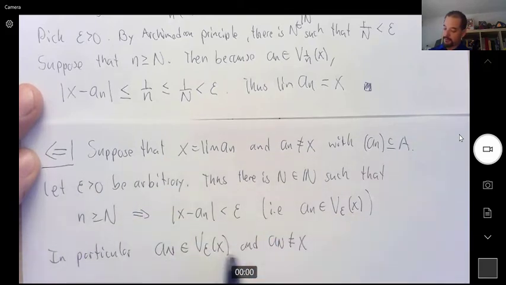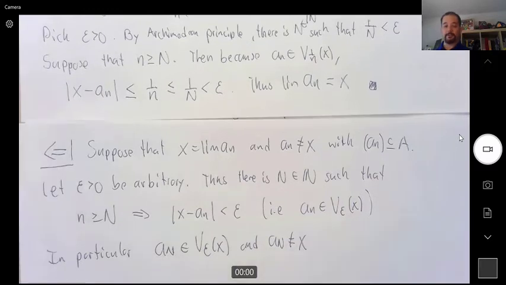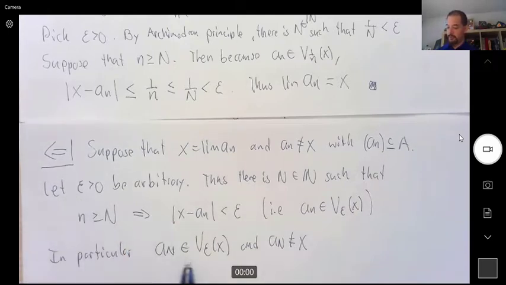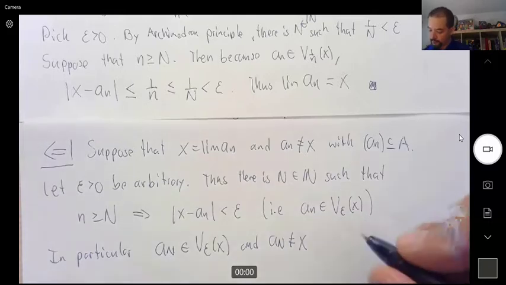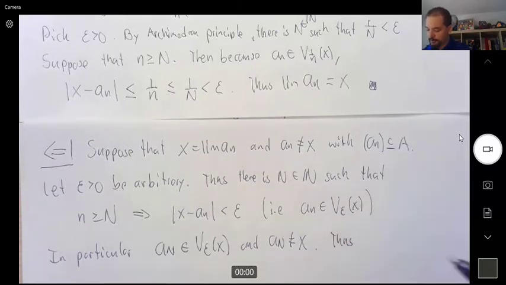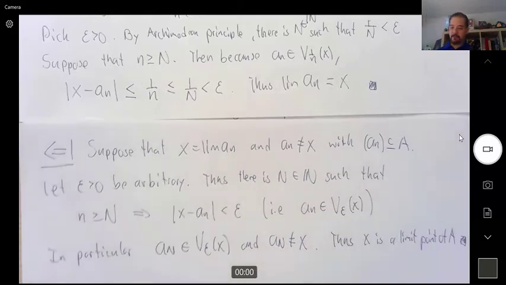So because it belongs to this neighborhood and is not equal to x, we just satisfied the definition of being a limit point. Being a limit point means that for every epsilon, you can find a point that intersects the neighborhood B epsilon of x with A and is not equal to x. And we got it. a_n is an element in the intersection. So we are done. Thus, x is a limit point of A. And that's the end of our proof.